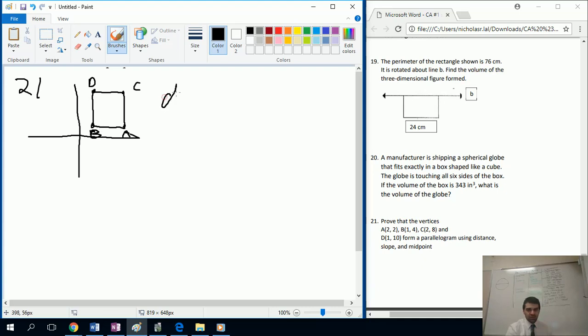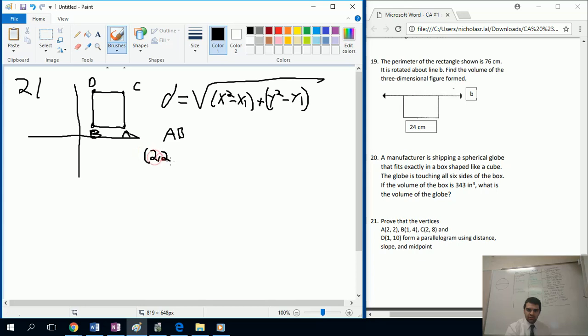So the distance formula is going to be the square root of (x2 minus x1) squared plus (y2 minus y1) squared, okay? So the distance between AB, CD, DB, and CA, we're going to do all of them. So AB is going to be (2, 2) and (1, 4).